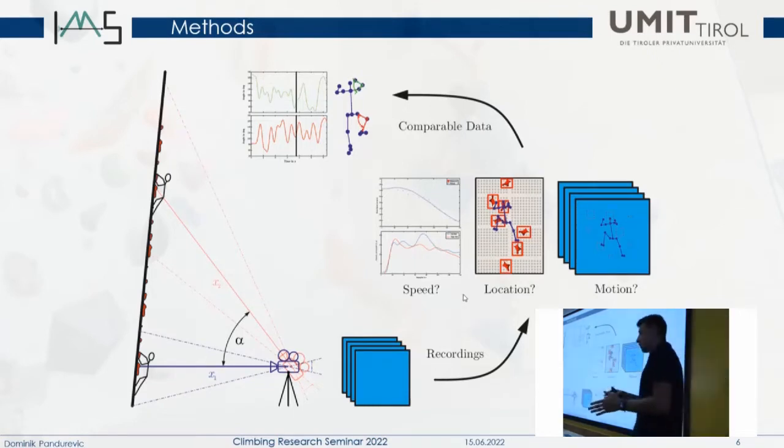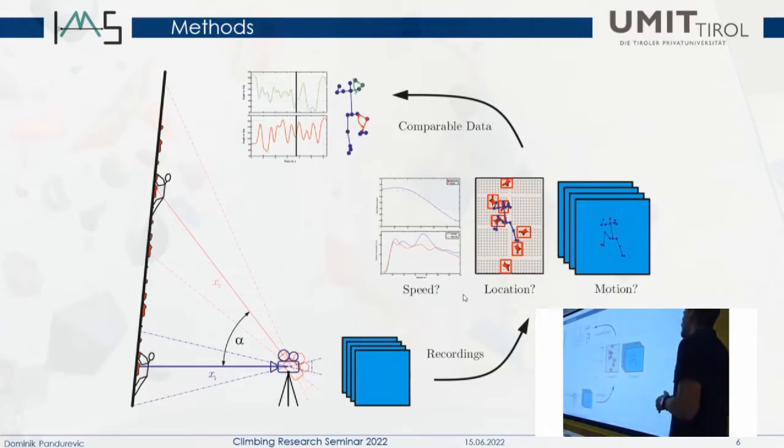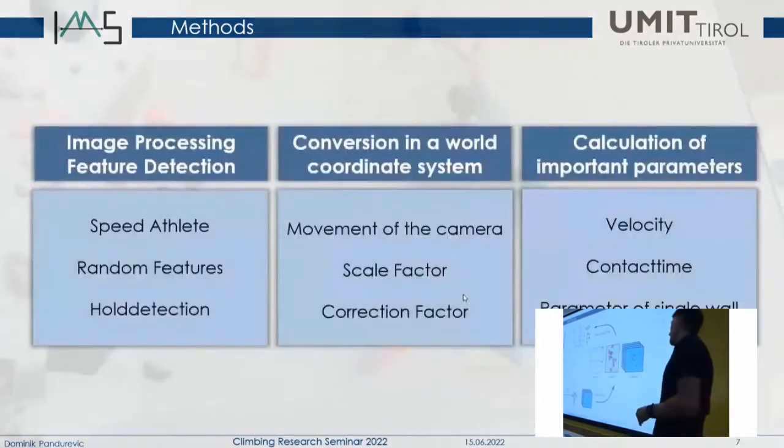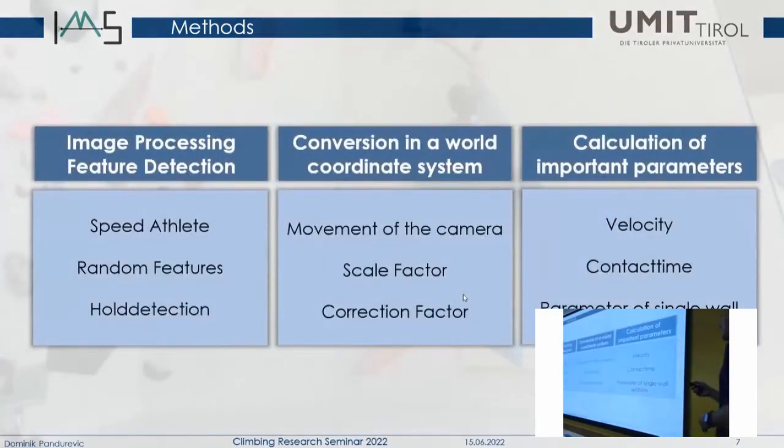So if we have recordings with the same coordinate system, we can transfer this to a comparable data set, and then we can compare different athletes from different recordings. So here again the summary. So what we are doing some image processing and feature detection, where we detect the speed athlete, random features, and the holds on the images.